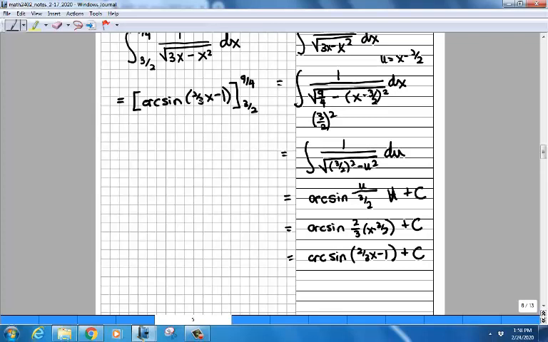Okay, so first put the 9/4 in, so you have arcsine of 2/3 times 9/4 minus 1, and then minus arcsine of 2/3 times 3/2, plugging the 3/2 in for x, minus 1.